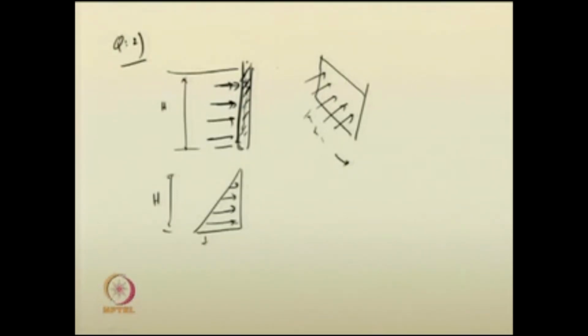This is half rho g h, right, or what we can suggest is that this magnitude is rho g h. If this is open to atmosphere, at this portion the pressure is 0, this is h.